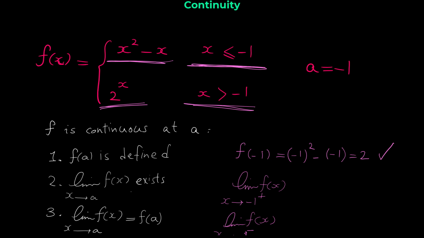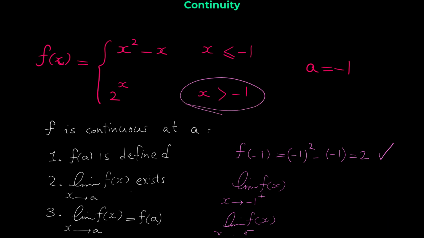So we cannot find the two-sided limit directly. We have to split the limit into right and left limits, like this. For finding the limit of f of x when x approaches -1 from the right, which equation do we have to use? The top one or the bottom one? When x approaches -1 from the right, it means that x is close to -1, but it is greater than -1. So we have to use the bottom equation for finding this limit.